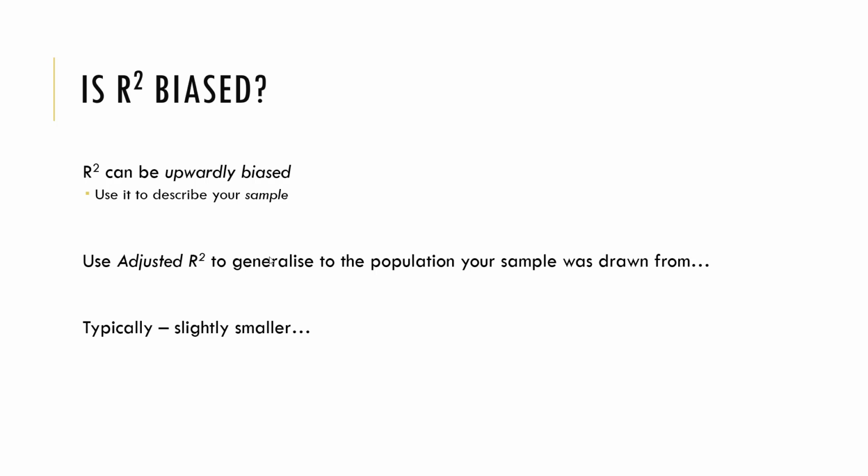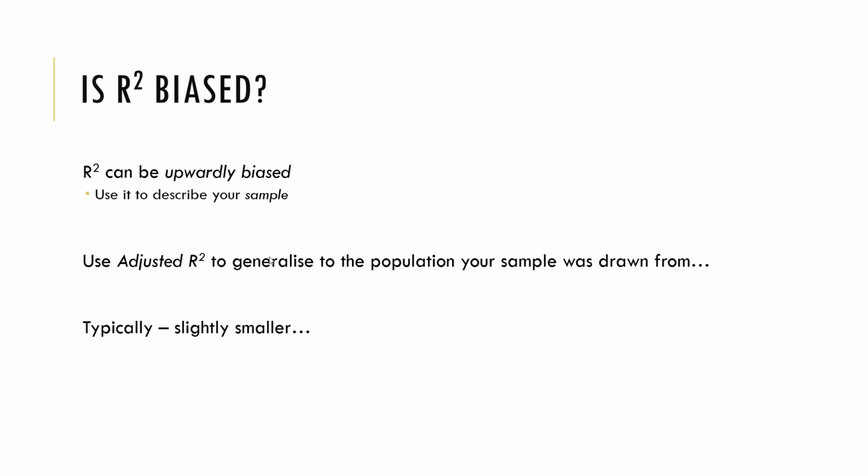If you're just trying to describe patterns you find in your sample, then that's nothing too concerning. But there is some guidance that suggests that the adjusted R squared that is produced by SPSS at the same time as R squared can be slightly more robust. It's usually slightly smaller than R squared, and as such, there's an argument that if you want to generalize beyond your sample to the population the sample is supposed to represent, then using the adjusted R squared value is probably better, it's more robust.